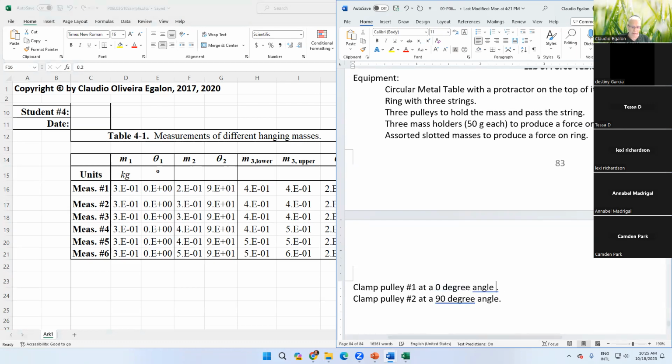I'm gonna write that down here. Theta 1 and theta 2. Place ring at the center of the table.